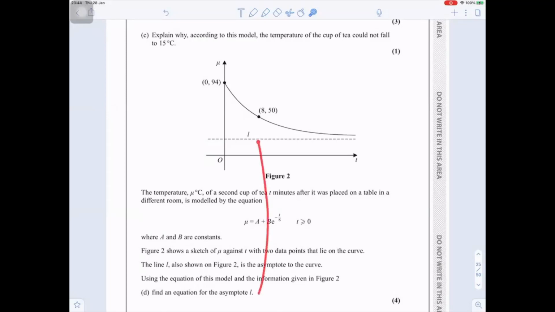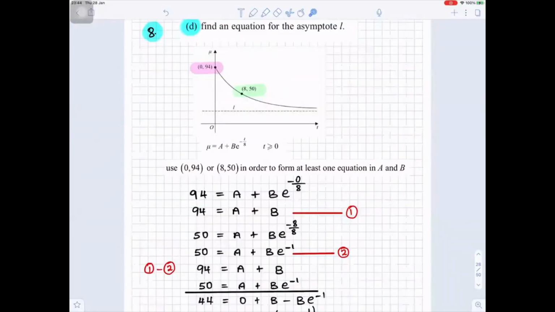We're going to find an equation for L, and we have 2 data points given on the curve. First, we want to use the data points (0, 94) and (8, 50) in order to form 2 equations in A and B. So we have 94 for the temperature is equal to A plus B e to the 0.